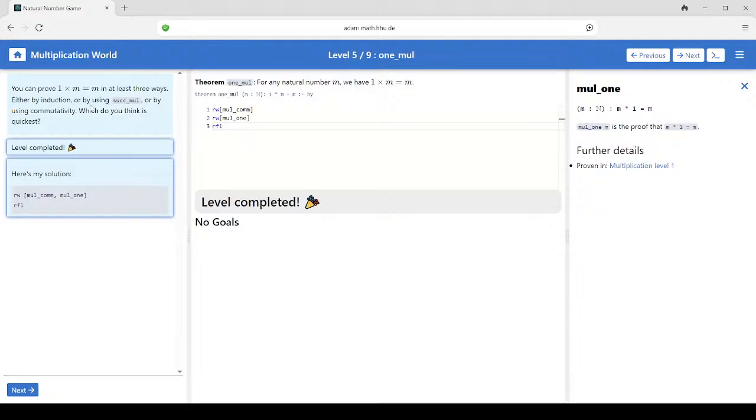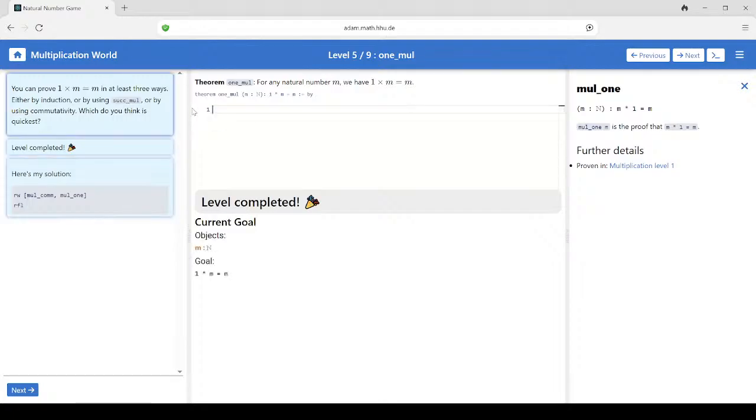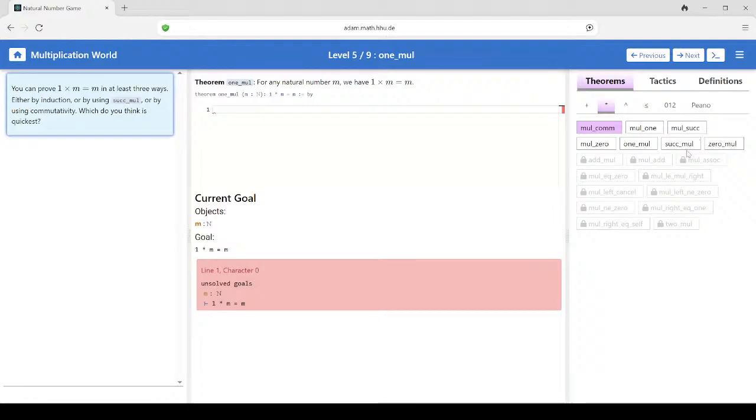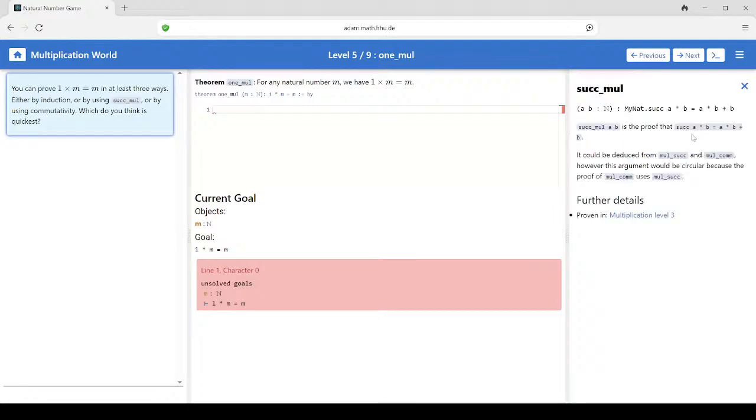Now, that one was so easy, I want to try it the other ways now. You can use successor multiply in order to get it. What does that one do again? It proves that the successor of a times b equals a times b plus b.